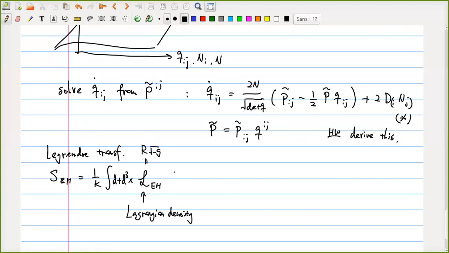What we do is write this in terms of the Hamiltonian: P twiddle ij Q dot ij minus script H, and this script H we will call the Hamiltonian density.